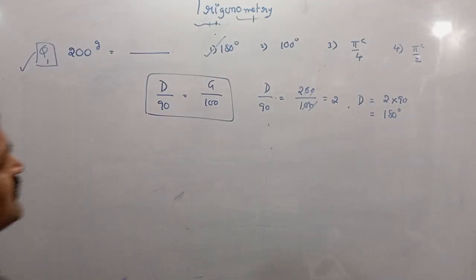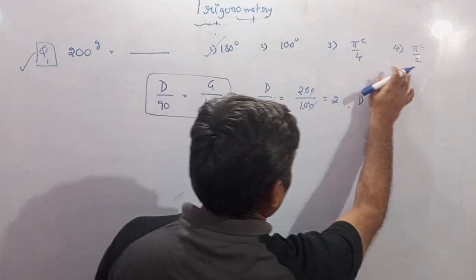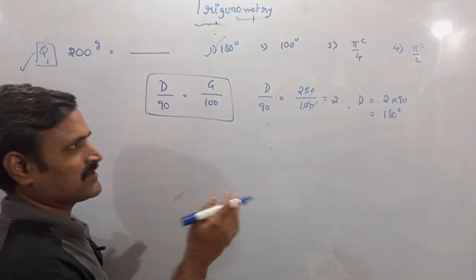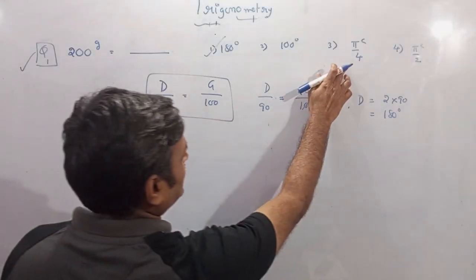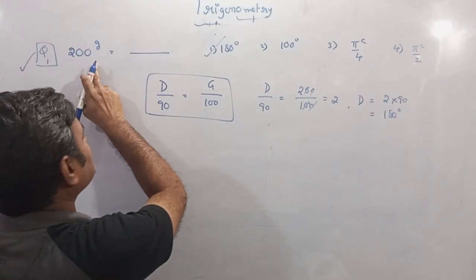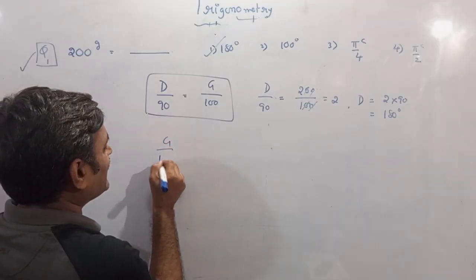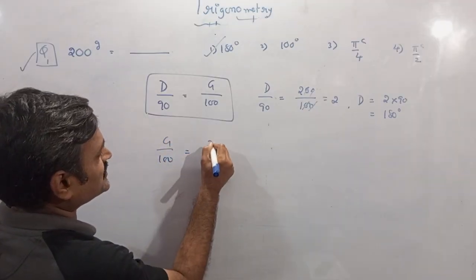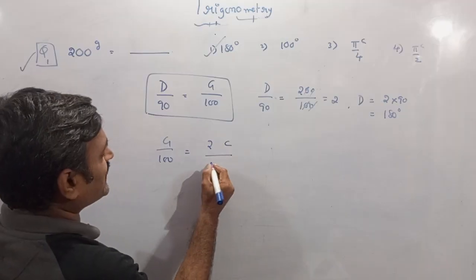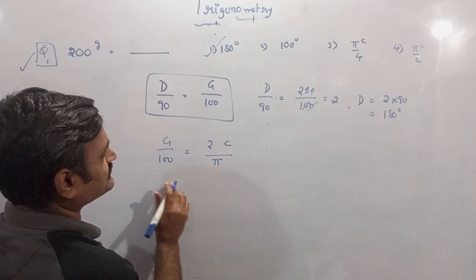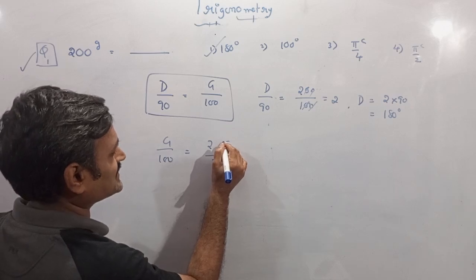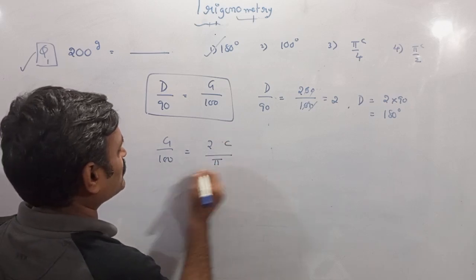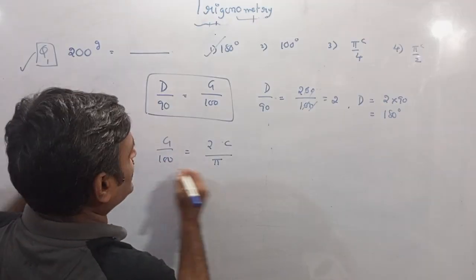Now here these two other options are also there. How they are not the right answers, we will check. Here these are in radians and given is grade. So the grade and radians relation is G by 100 is equal to 2C by pi. Take this as radians, that is C, and the G value given is 200.